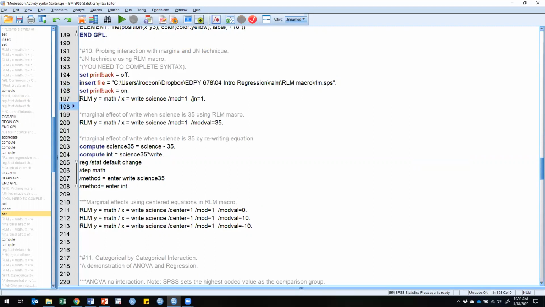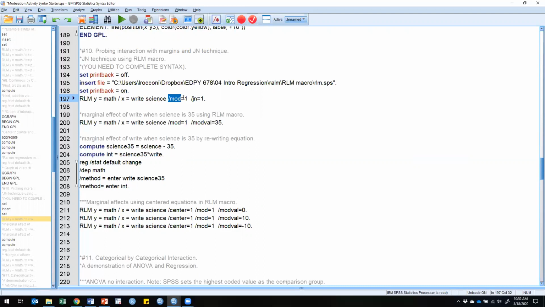And then we call the macro with the macro name. We use y equals and give it the dependent variable, /x equals our independent variables. And then the first variable we enter, well, actually, I think they consider it the second to last and last variable. This would be our focal predictor, and the last one's our moderator.